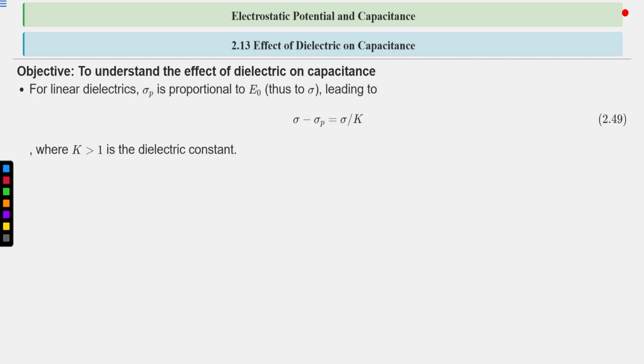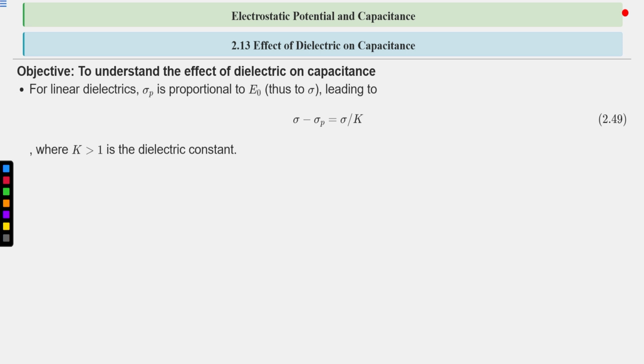For linear dielectrics, sigma p is proportional to E naught. So what are linear dielectrics? Those in which polarization is proportional to the external electric field. We did that expression in the previous lecture: polarization is directly proportional to epsilon naught times the external electric field, and after removing the proportionality sign, the constant that appears is chi E, the electrical susceptibility.